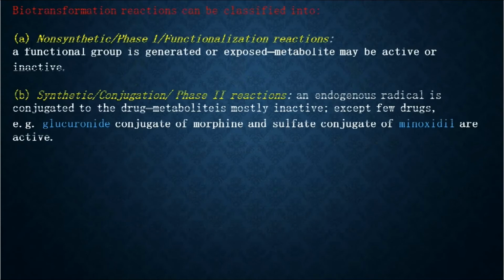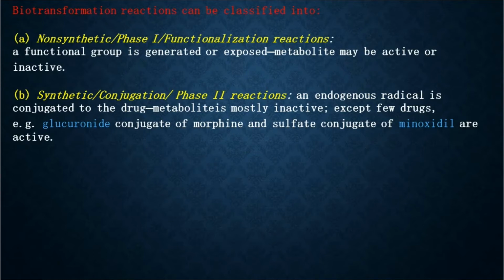Biotransformation is classified as non-synthetic or phase 1, in which a functional group is generated or exposed. Second is synthetic or phase 2 or conjugation reaction, in which an endogenous radical is conjugated to the drug.